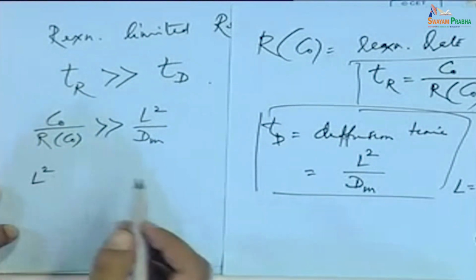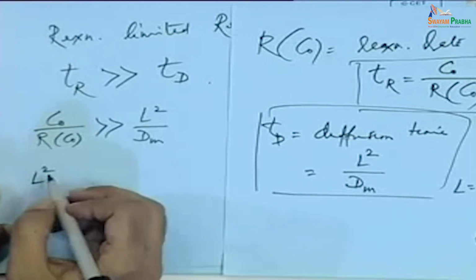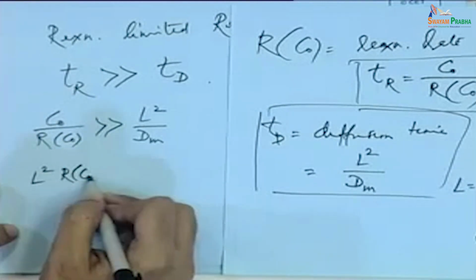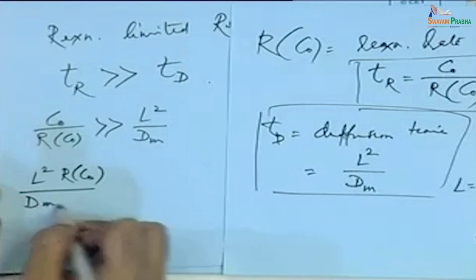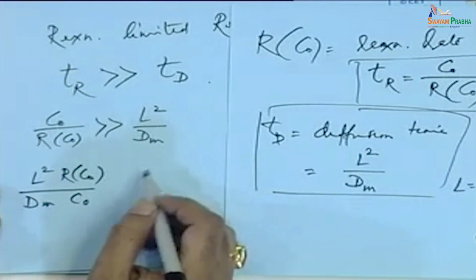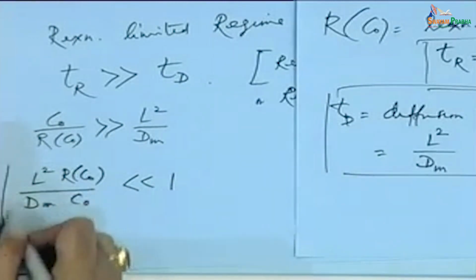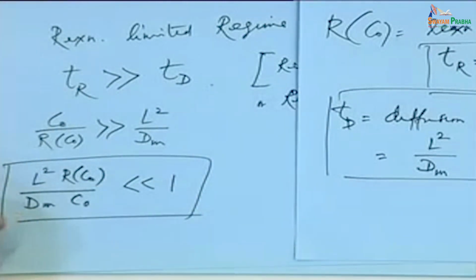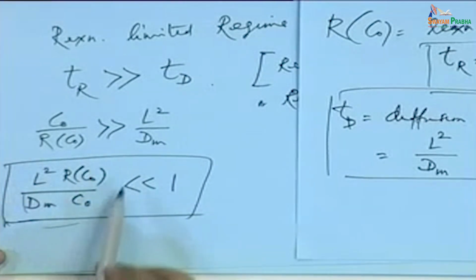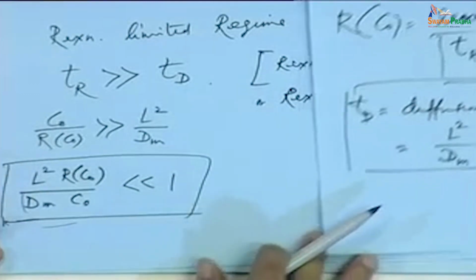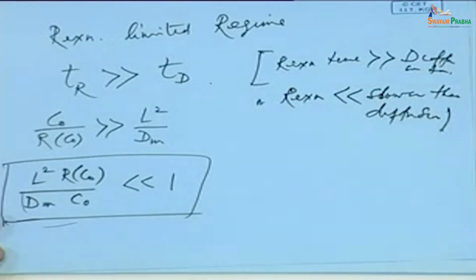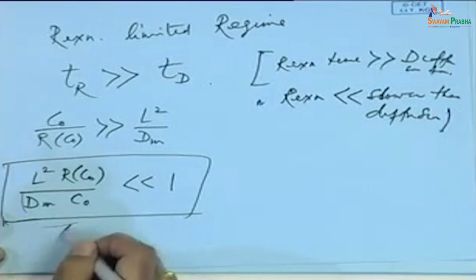So, which means L square R C naught over dm C naught is much less than 1, right? What is this? Do any of you know what this is? This is phi square.